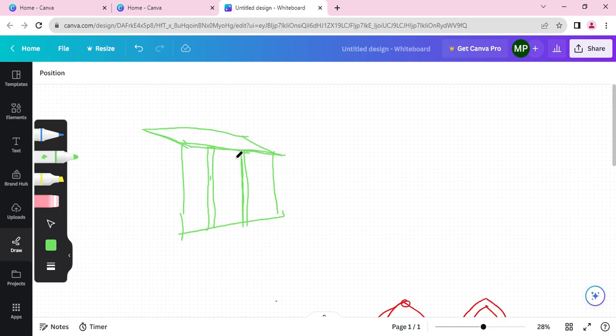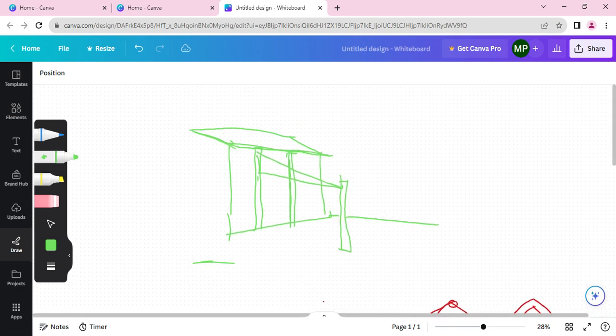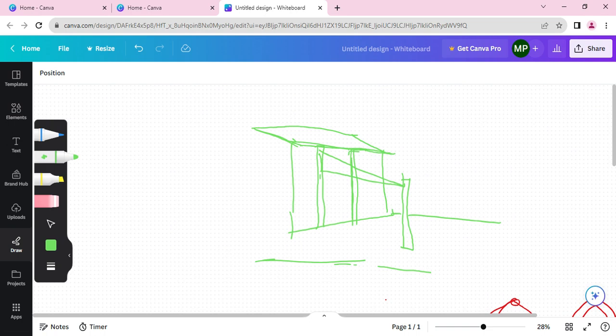Whatever load is coming onto these columns is distributed by one more angular structure, which is connected to a straight pier at normal ground level.